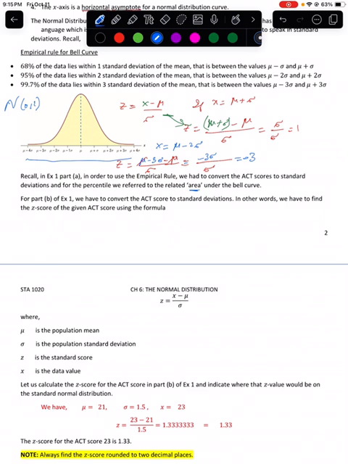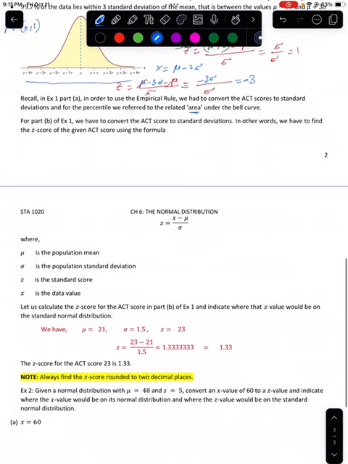Could be to the right, could be to the left. So what is the formula for z-score? I wrote the formula here: mu is the population mean, sigma is the population standard deviation, z is the standard score, also called z-score or z-value, and x is the data value.